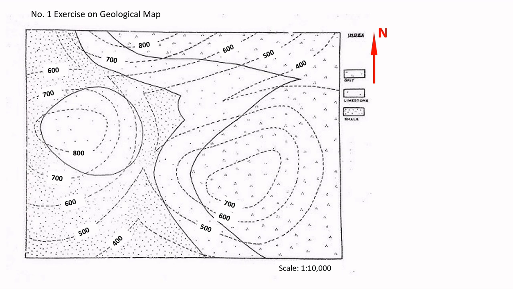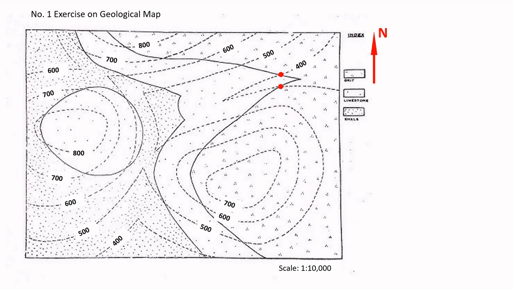Begin by identifying where a single bedding plane intersects with a contour line. For instance, let's take this bedding plane that intersects the 400-meter contour at two distinct points. One is here and another one is here.